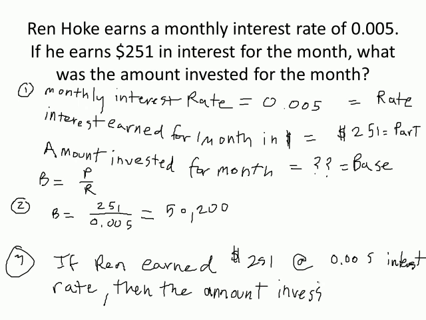Whoops, I have such bad handwriting. That's why the amount invested was 50,200. All right, so that's our first example for solving for base.